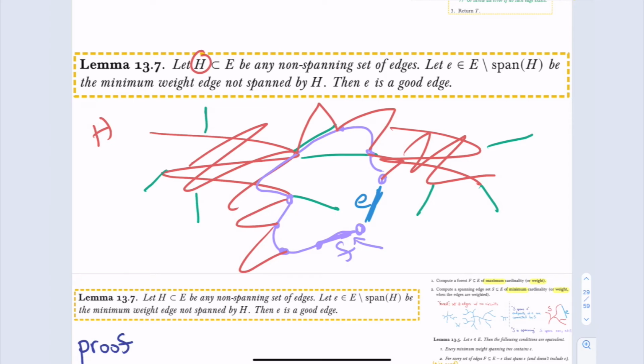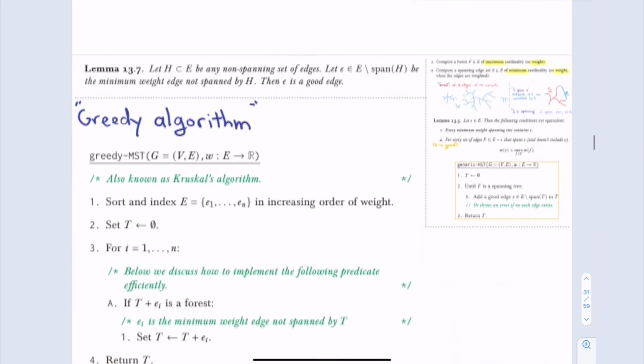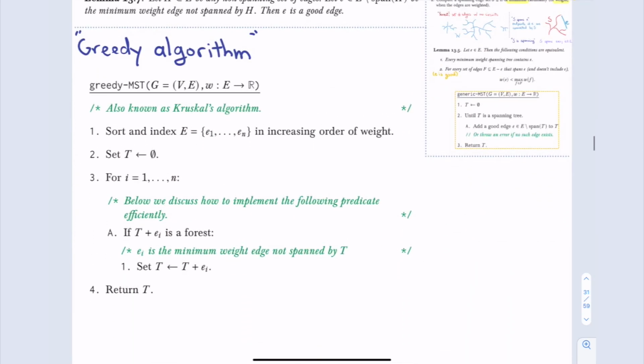Okay, good. So that gives one relatively simple characterization of good edges, which then suggests the following greedy algorithm. We'll start with an empty tree.